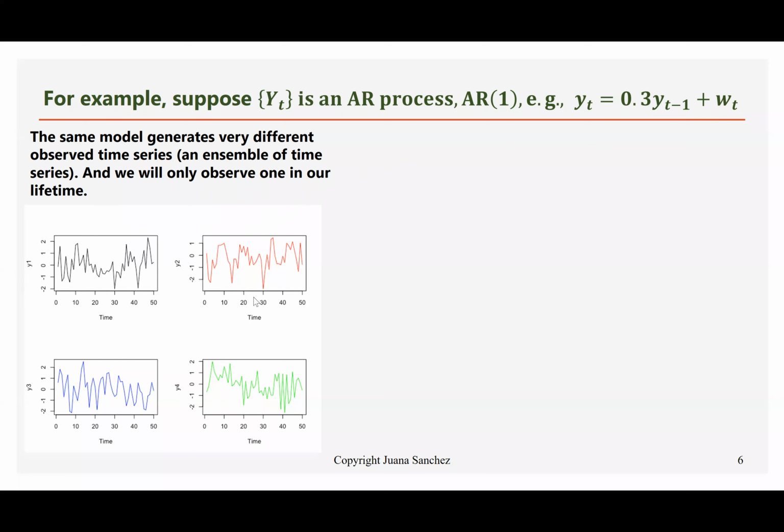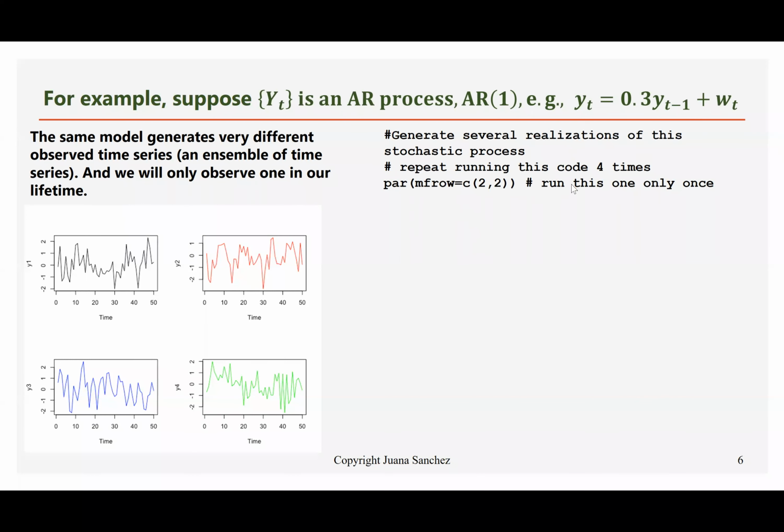So this is the ensemble, parts of the ensemble, some elements. These are some observations from the ensemble or population of possible time series that could be generated by this autoregressive model. We generated this using simulation. We created first a space to put the 4 pictures. We could have put more, and you can generate more with this code, and yours will look different.